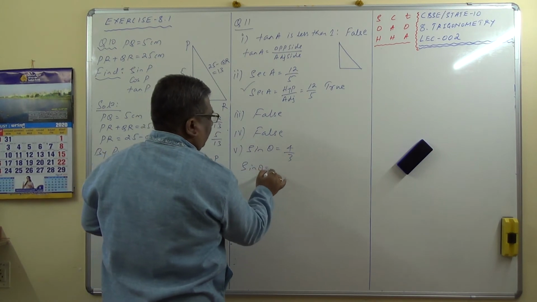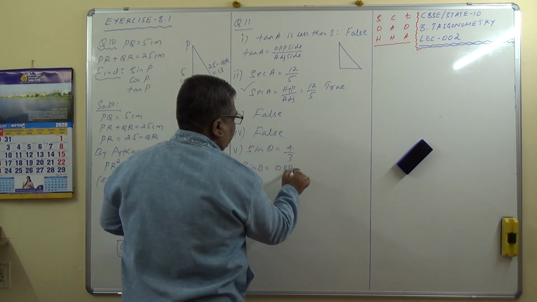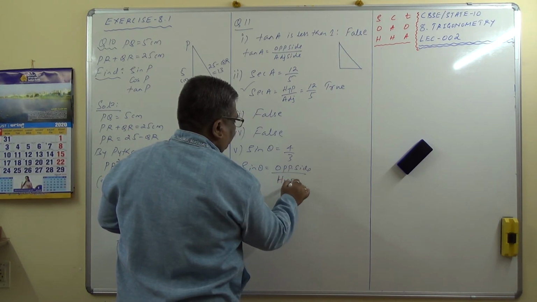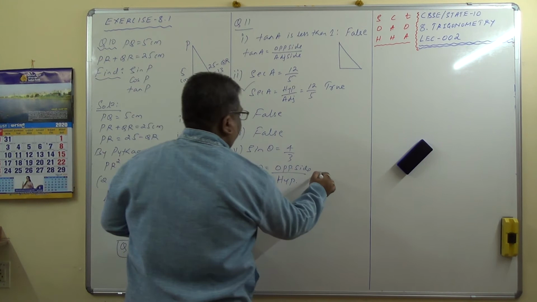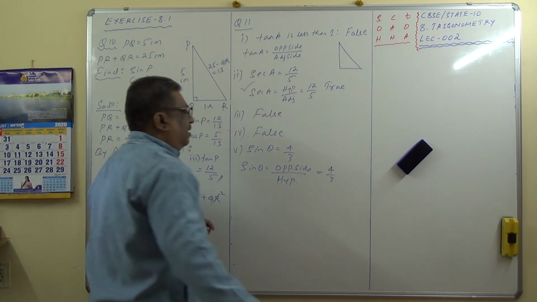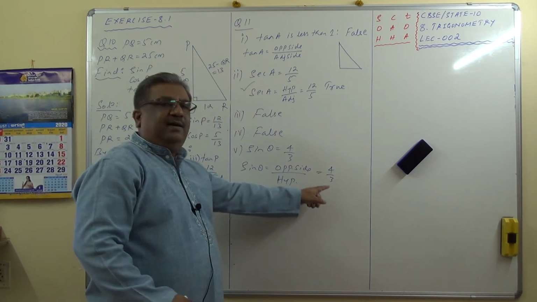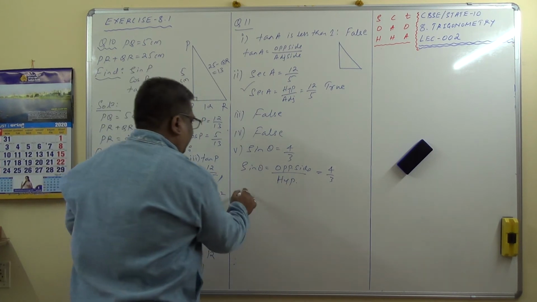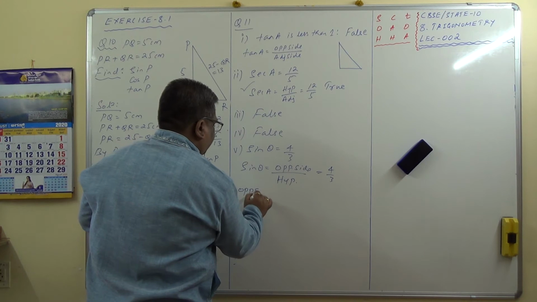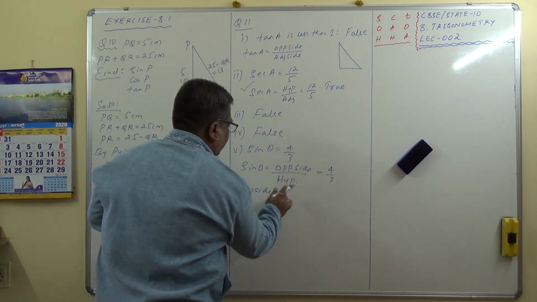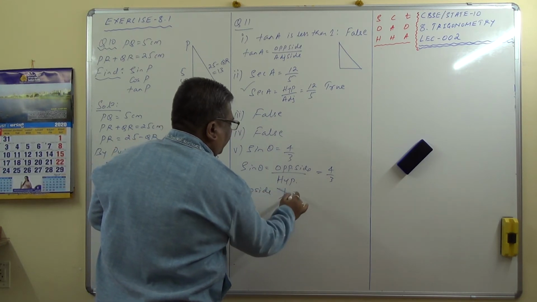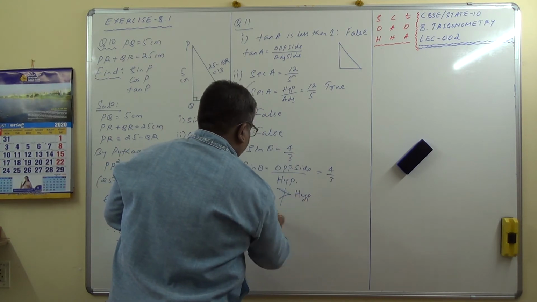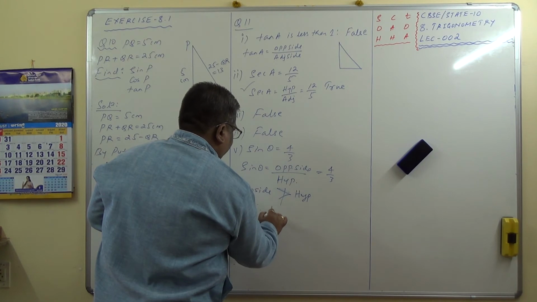Sin theta equals opposite side by hypotenuse, which equals 4 by 3, meaning can opposite side be greater than hypotenuse? Not possible, and therefore here I will write opposite side cannot be greater than hypotenuse, therefore false.